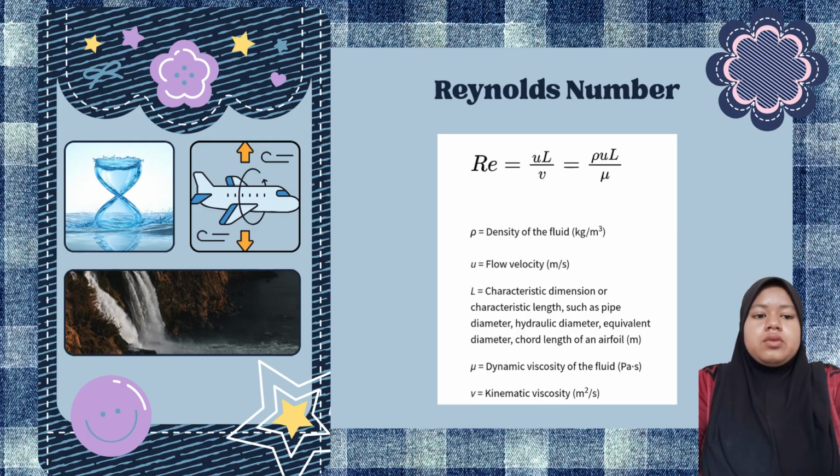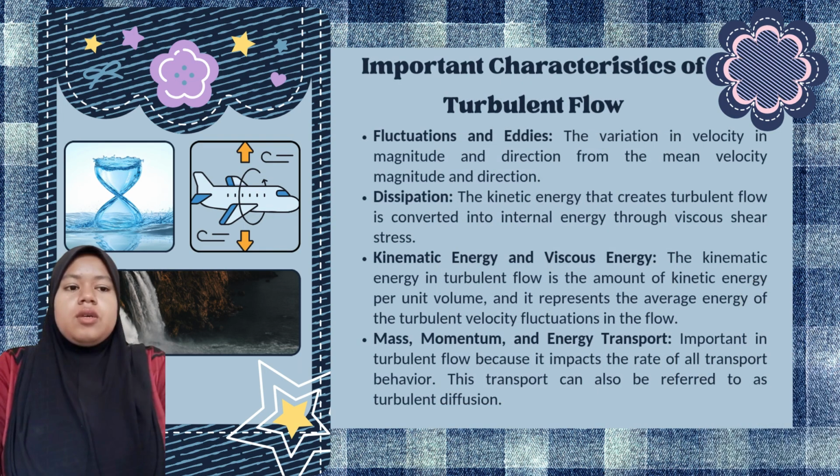Re equals flow velocity multiplied by characteristic dimension or characteristic length, divided by kinematic viscosity, and equals density of the fluid multiplied by flow velocity multiplied by characteristic dimension or characteristic length, divided by dynamic viscosity of the fluid.